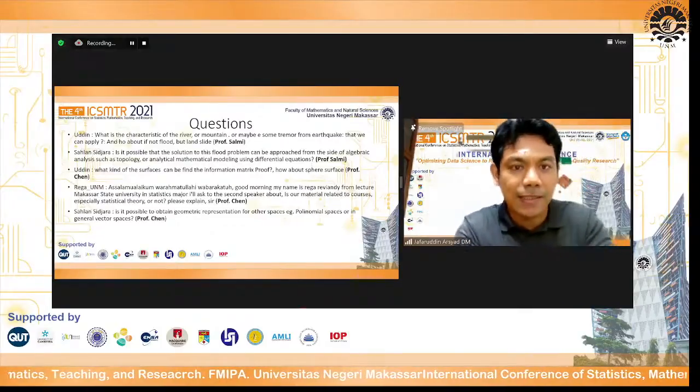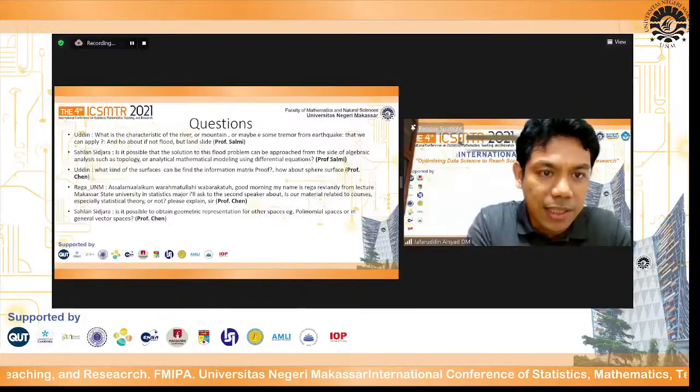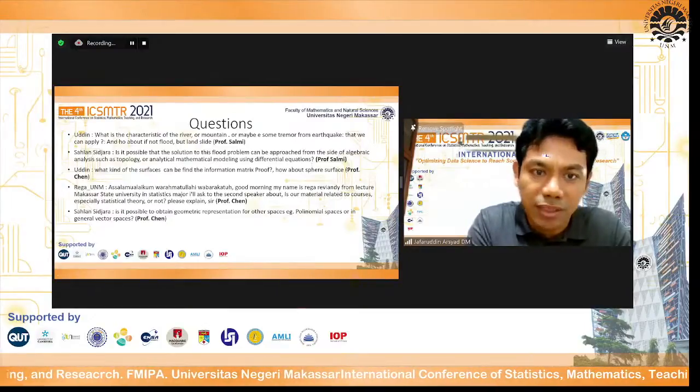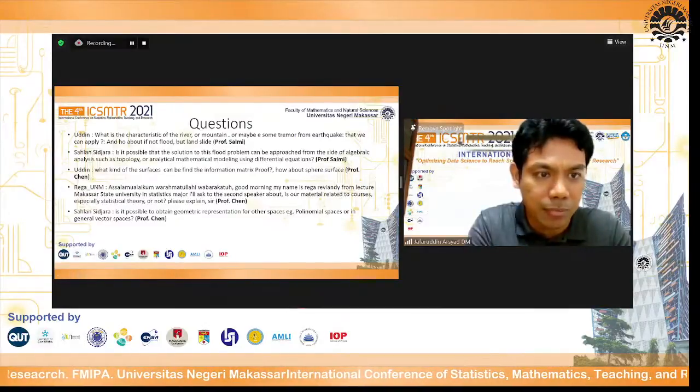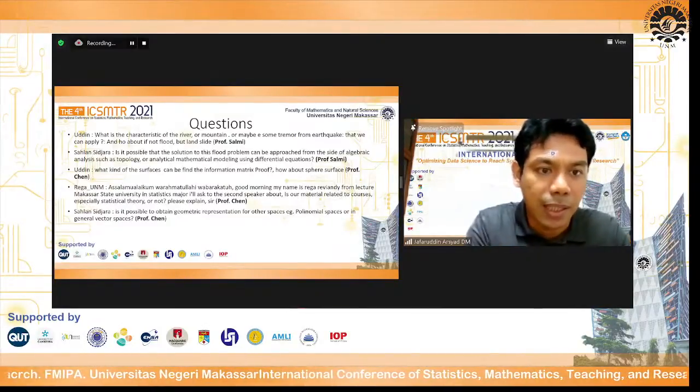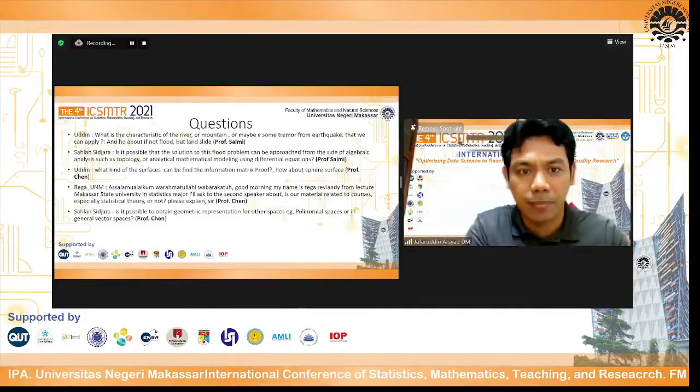For Professor Salmi, the first question is, what characteristics of a river or mountain, or maybe some tremor from an earthquake, can be applied to the model, and how about when it is not a flood but a landslide?